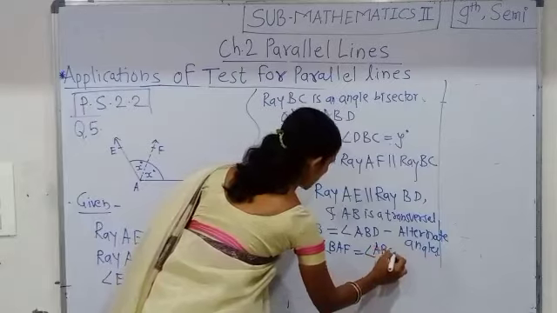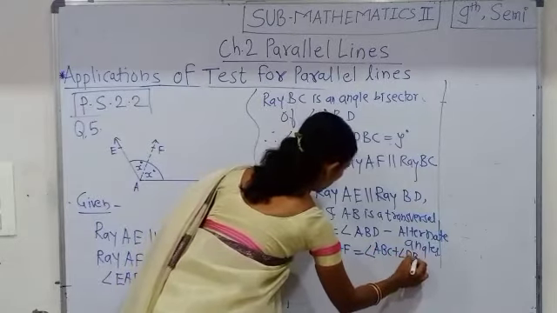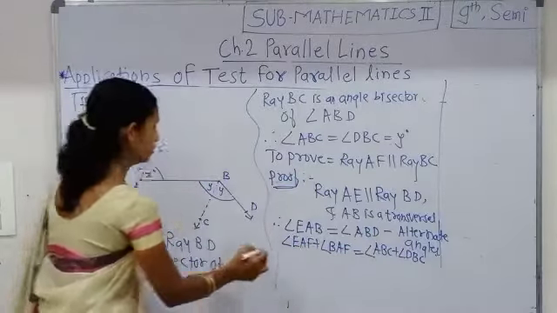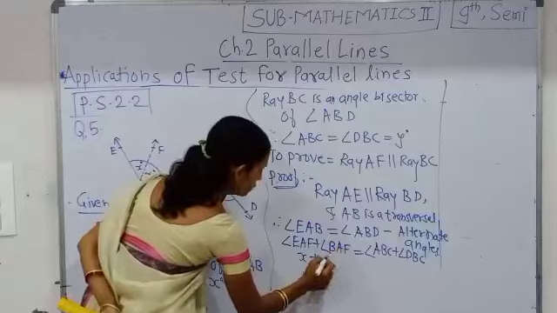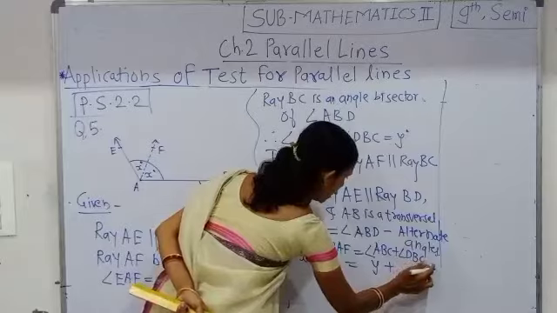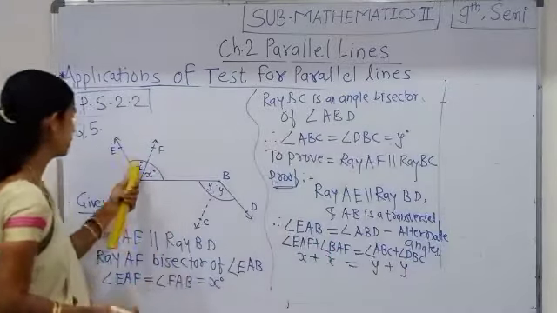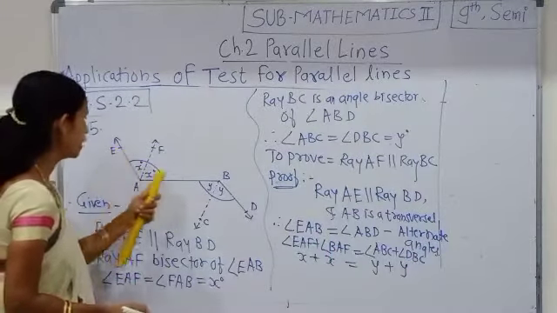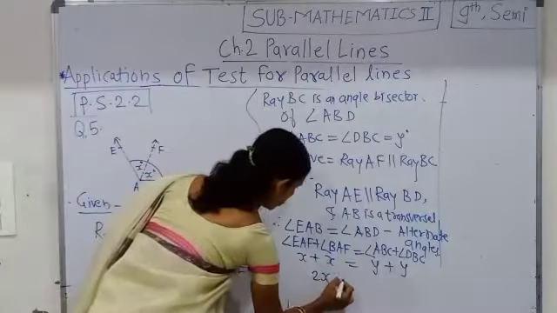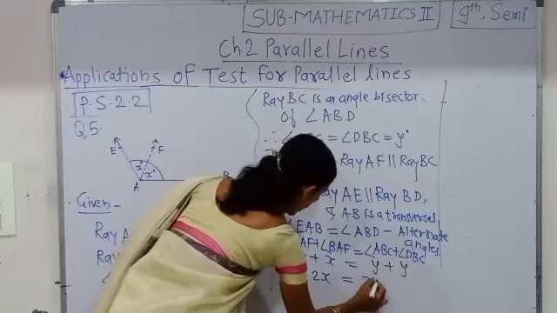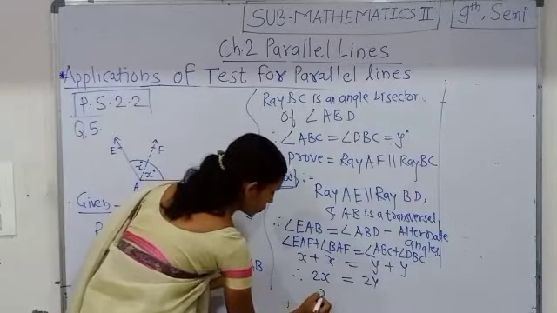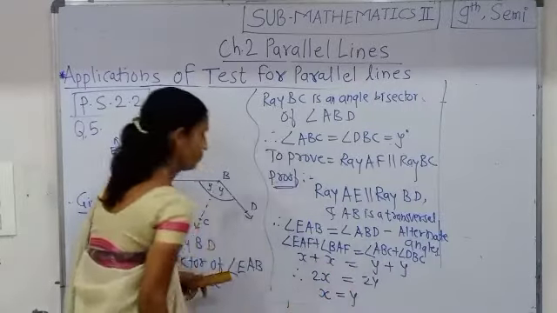But EAF is x degrees plus BAF is x degrees, equal to ABC is y degrees and DBC is also y degrees. See here. Therefore, angle EAB is 2x degrees, and 2x is equal to 2y. Then here 2 gets cancelled. Therefore, here we get x is equal to y.